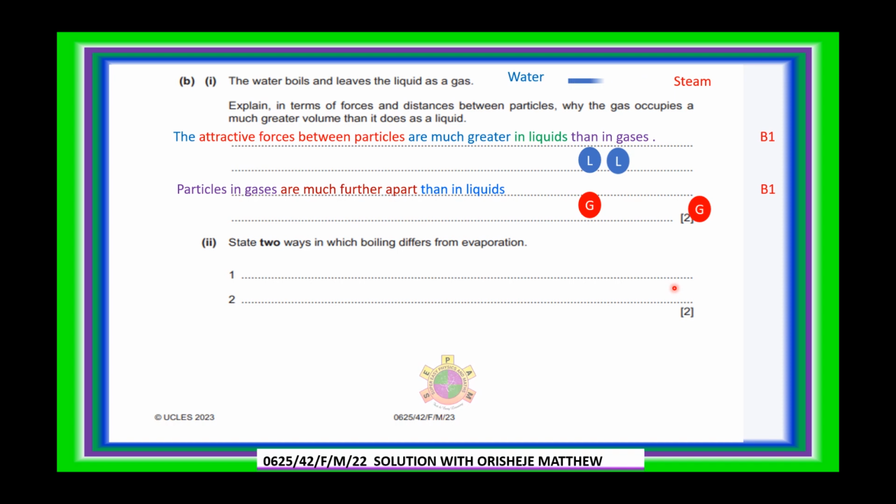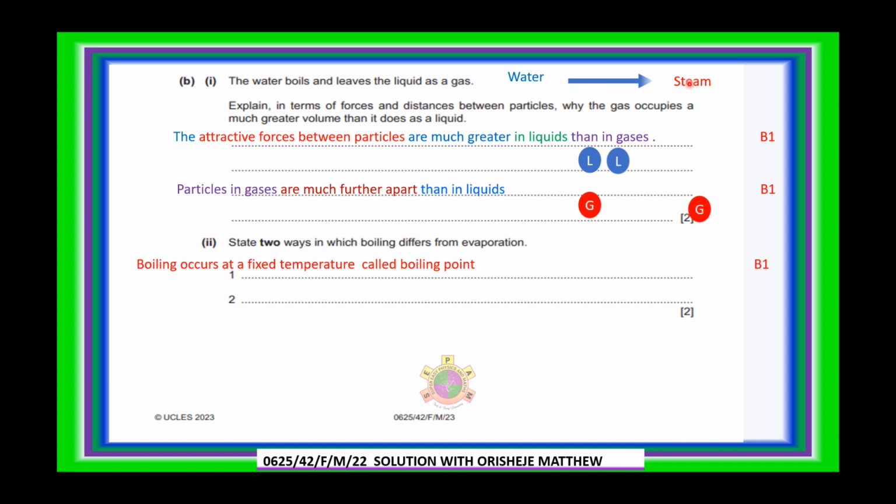Now, state 2 ways in which boiling differs from evaporation. There are 2 major ways. One, boiling occurs at a fixed temperature called the boiling point, and until the temperature gets to the boiling point, water cannot convert to steam; the liquid cannot change to gas.